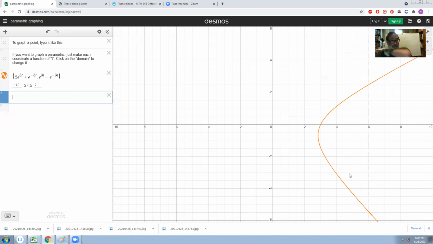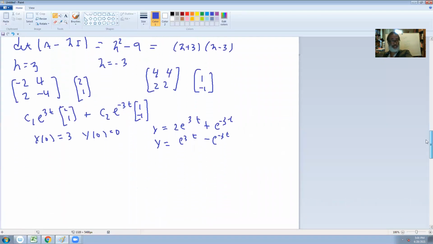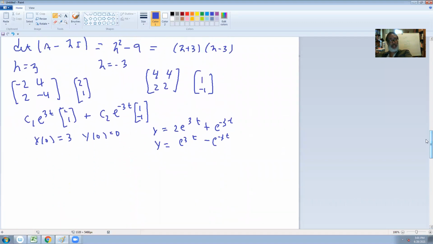Now, let's go back to our paint here. That was a nice little solution. Suppose instead we wanted x of 0 equals 0 and y of 0 equals, let's say, 3.